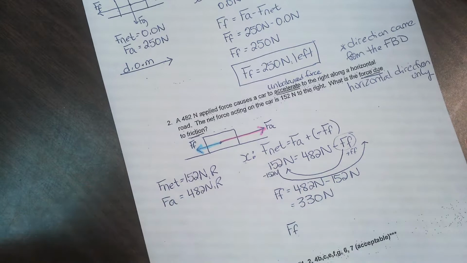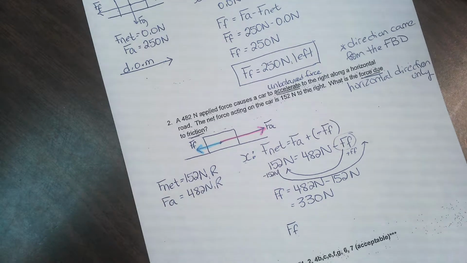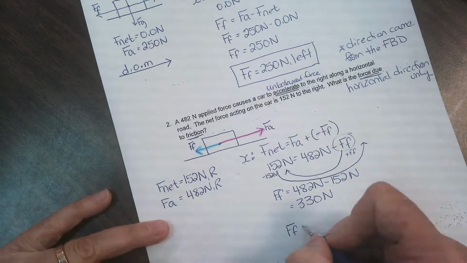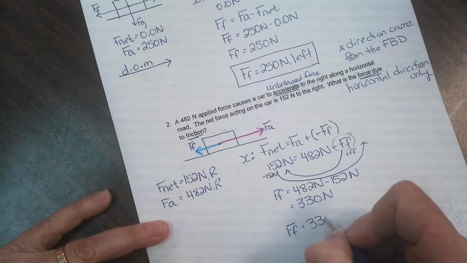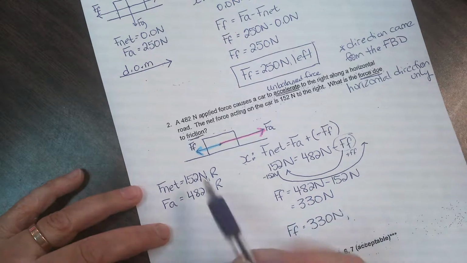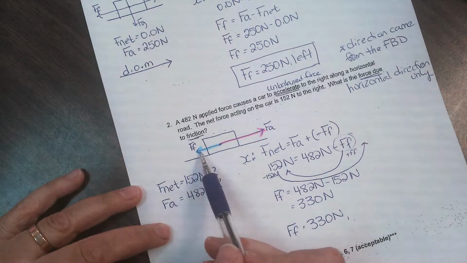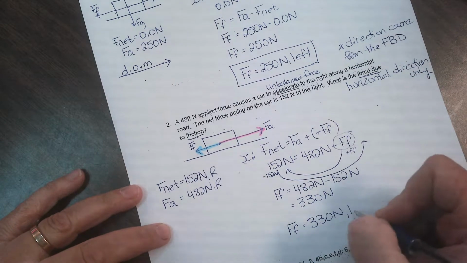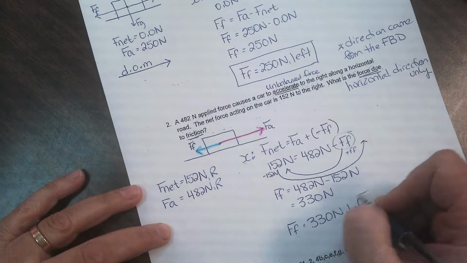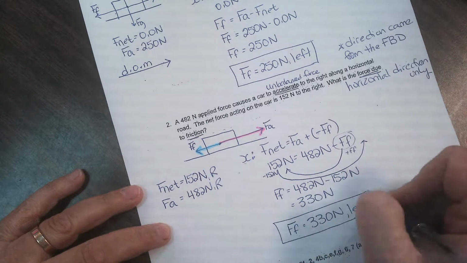So all forces are directional. They're all vectors. They're not scalar. So we have force of friction is 330 newtons. And we know that in our diagram, force of friction is going to the left. So that is our answer.